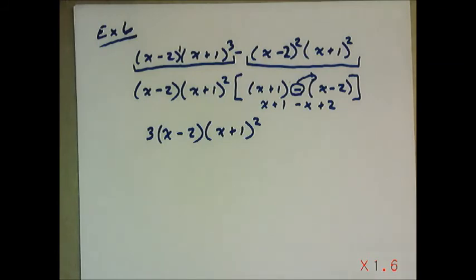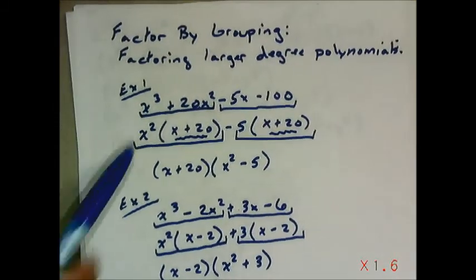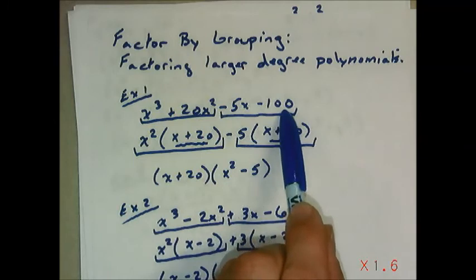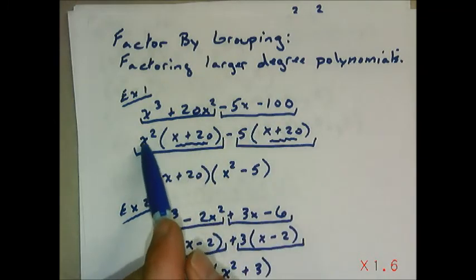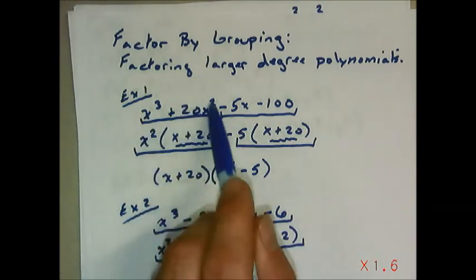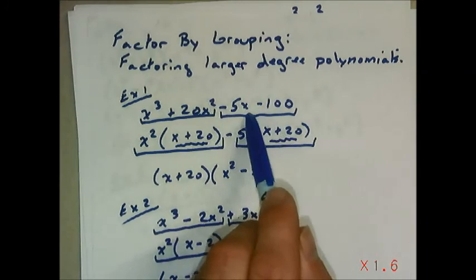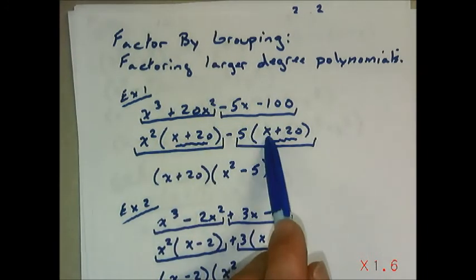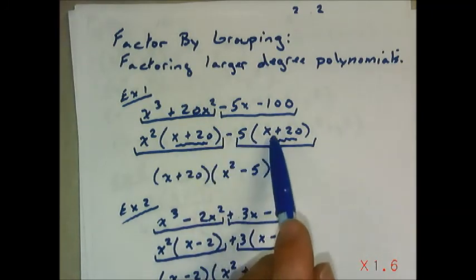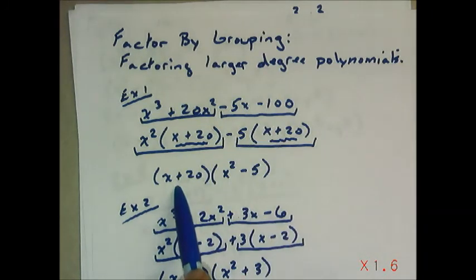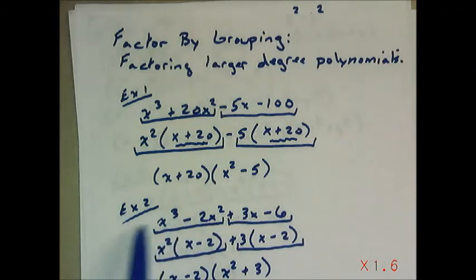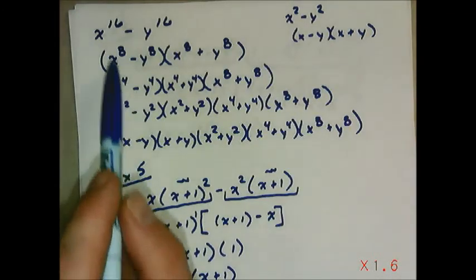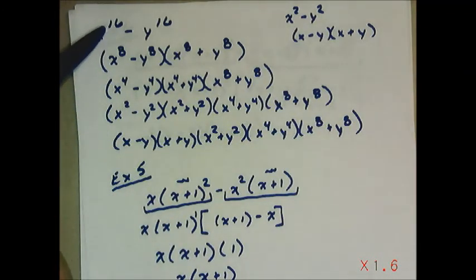So to recap, we've done several different types of factoring. We started out with a 4-term polynomial, and we factored it by grouping it. We pulled the first 2 together and the last 2 together, factored out the GCF, and then we created 2 terms. From there, we pulled out the GCF again, and we got our x plus 20, x squared minus 5. We also looked at higher ordered exponents.